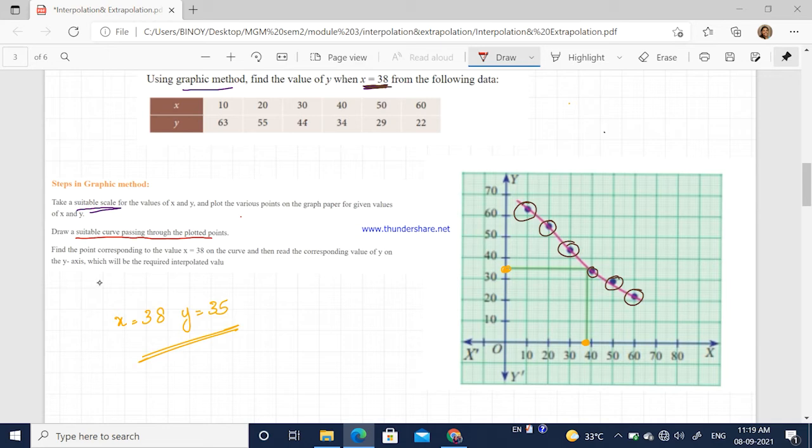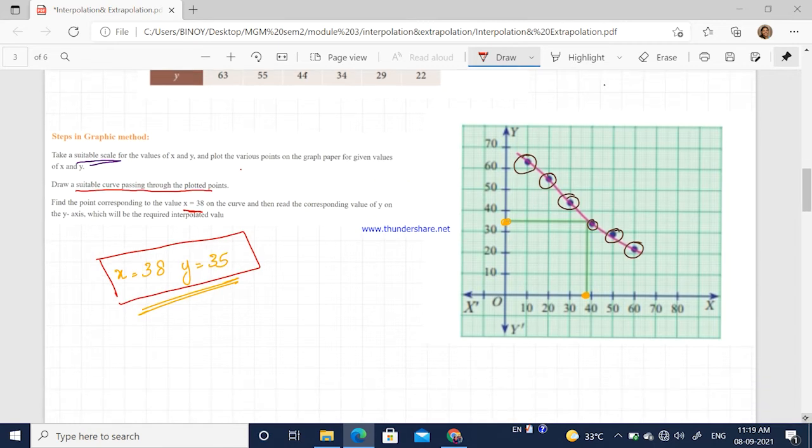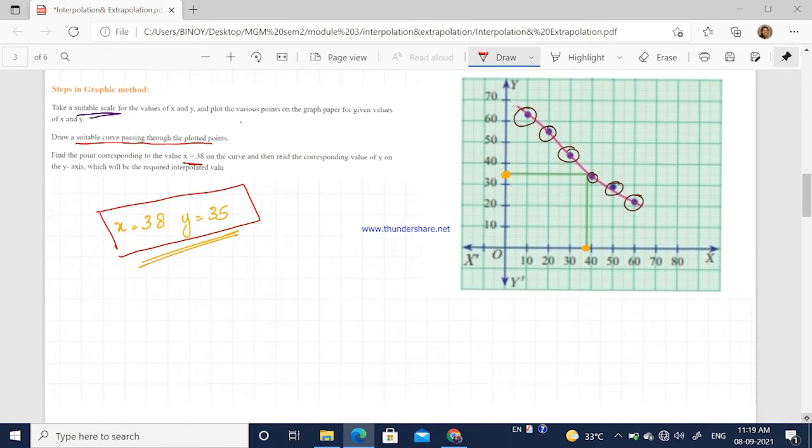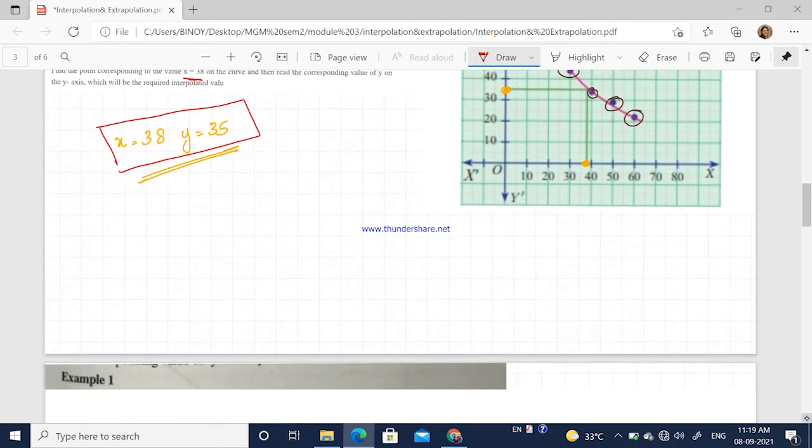After that, you need to find the point on the curve corresponding to x equal to 38 and the corresponding y value on the y-axis. Hence we conclude that this is an interpolated value because it lies between 30 and 40. It is 38, so it is an interpolation. This is how you need to tackle graphical methods for solving interpolation.